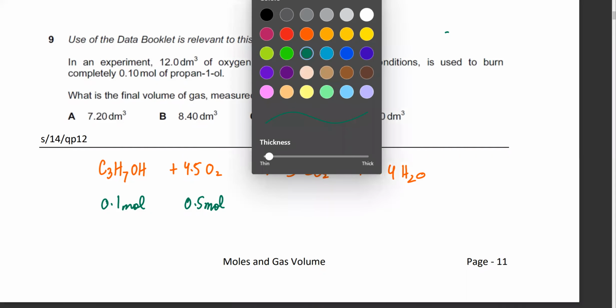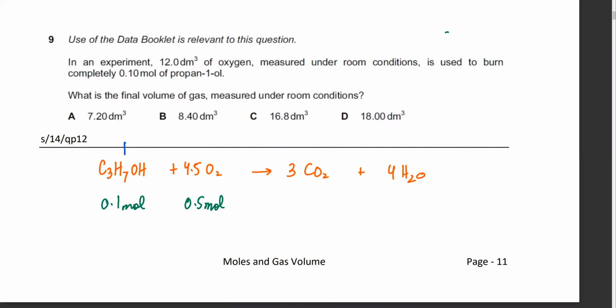If you've got 0.1 moles, then according to this ratio it would react with 0.45 moles. You can use the ratio: 0.1 divided by 1, times 4.5, gives 0.45 moles. So you don't need 0.5 moles, you need 0.45 moles. 0.5 moles is in excess. Is this point clear?